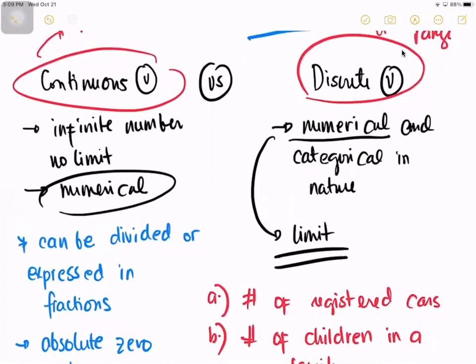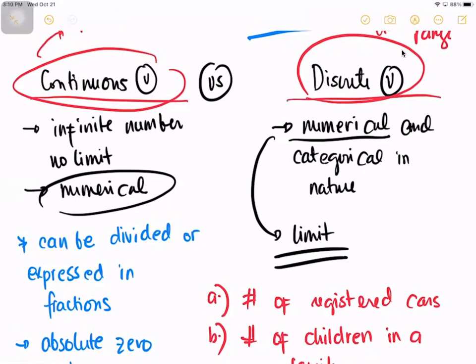When you say continuous variable, we're talking about a numerical variable that has an unlimited number of values. If we're going to optimize its capacity to produce values, then there is no limit. But if we set a limit to a set of values, then it is called discrete.